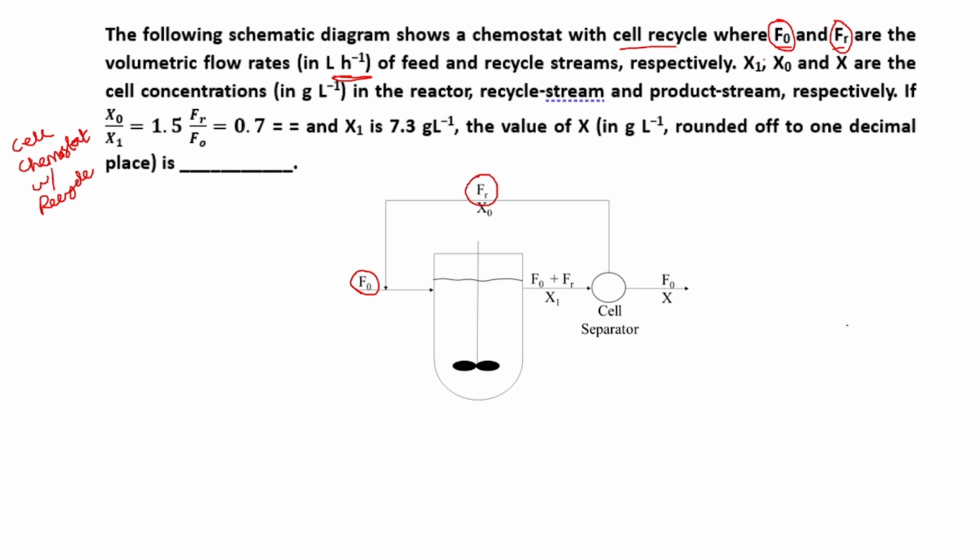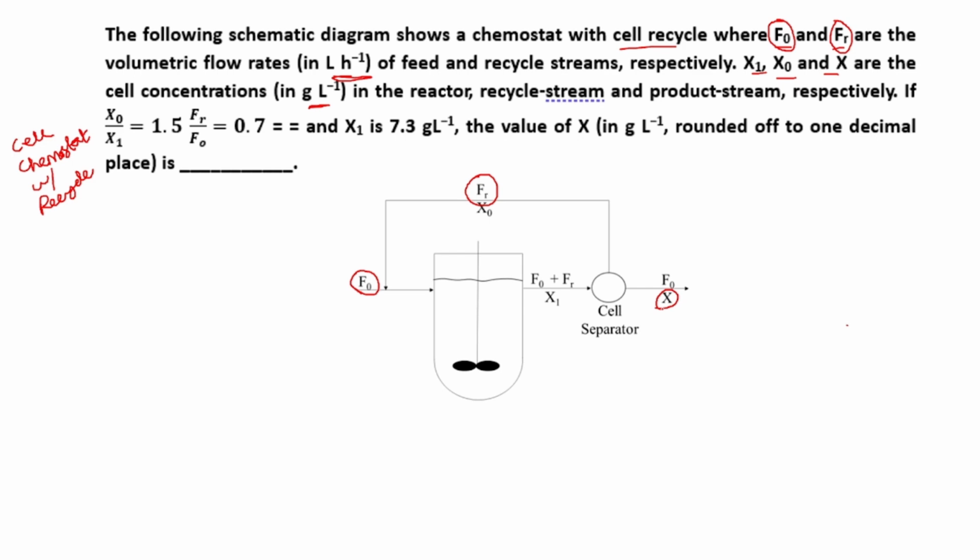And x1, x0 and x are the cell concentrations in grams per liter. So in this problem units are also very important. So x1, x0 and x, what are these quantities? These are cell concentrations. As you can see here from the figure, this x is the final cell concentration after the chemical reaction.